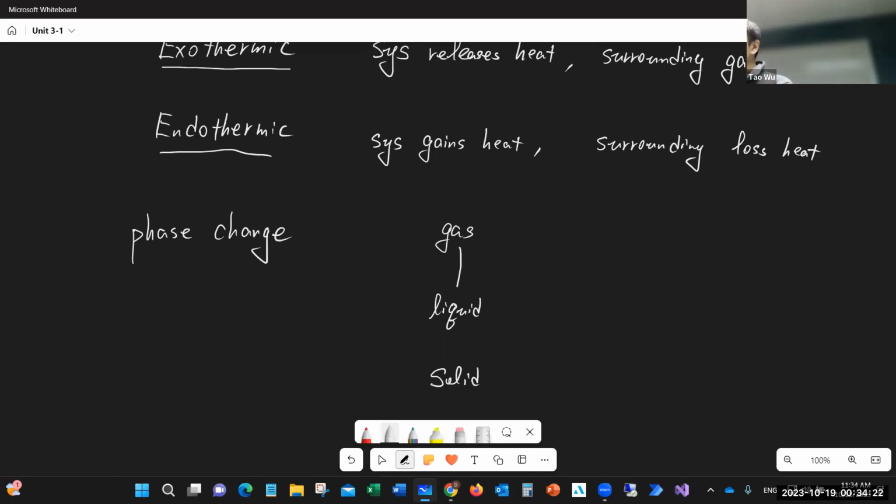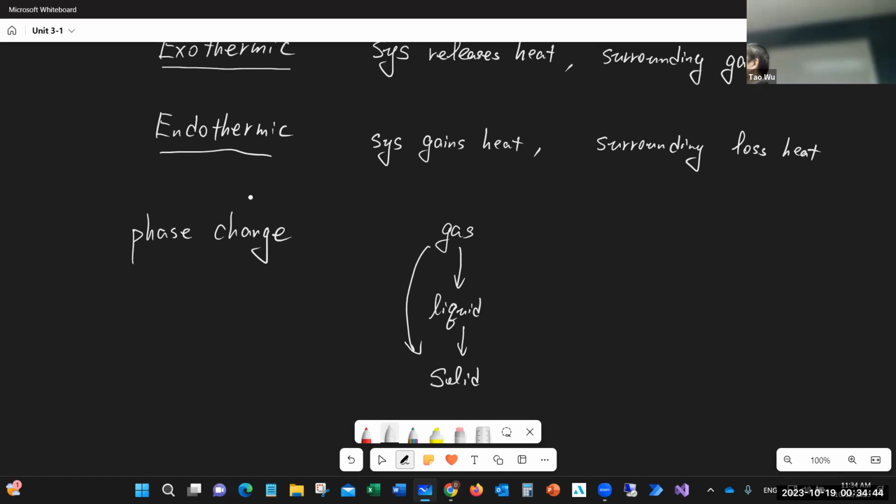So for every process going from higher temperature to lower temperature, the phase change is going to release heat out, right?